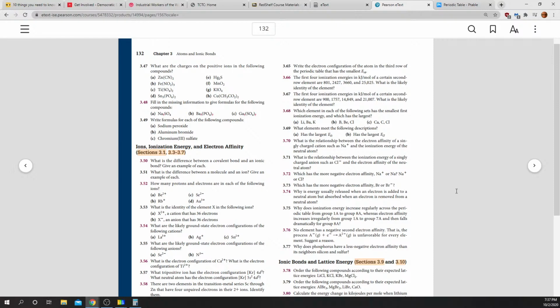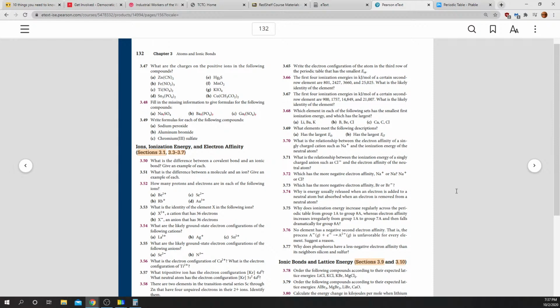It has a positive charge, so you're going to get more energy back by adding an electron. Sodium 1 plus or chlorine. I'm going to say chlorine. Chlorine really wants that electron. Sodium doesn't quite so much want it. All right.